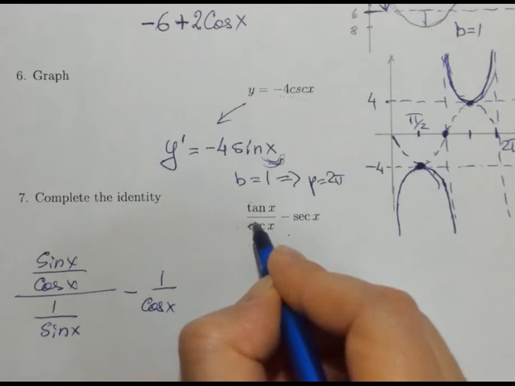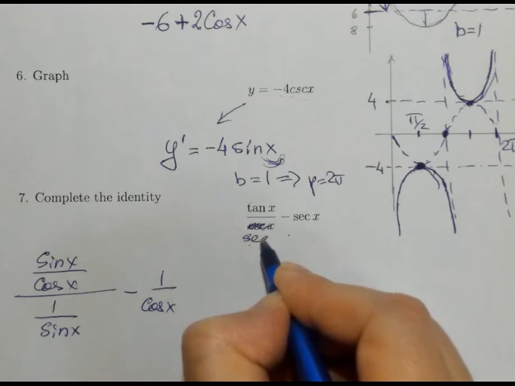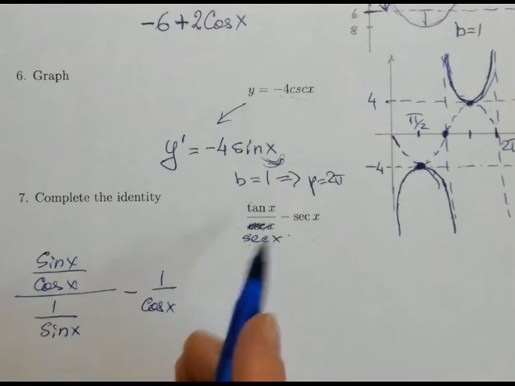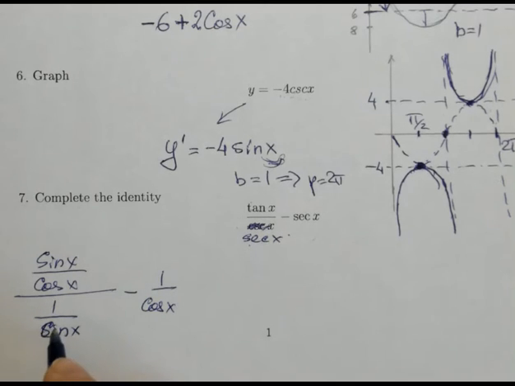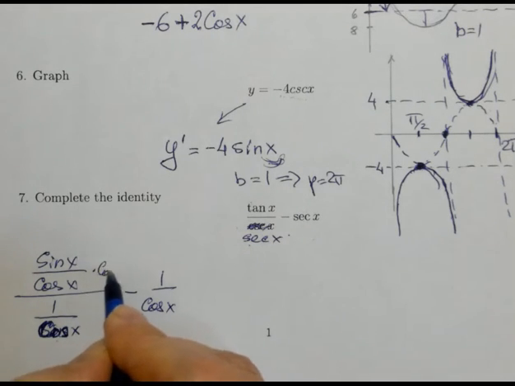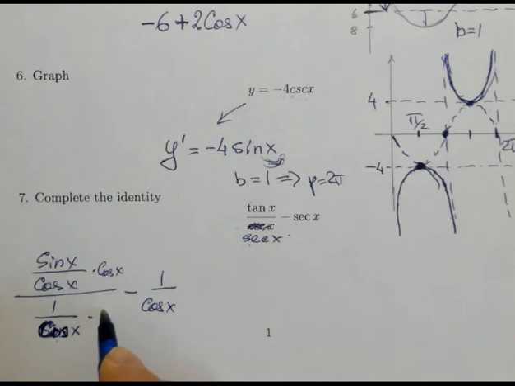Wait a minute, here was secant x, which is 1 over cosine x. So now we can work with this expression. In the first fraction we have denominators cosine and cosine, above and below. We can get rid of these denominators by multiplying by cosine x, numerator and denominator.